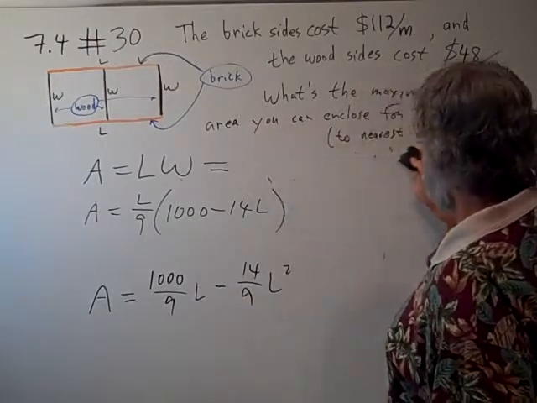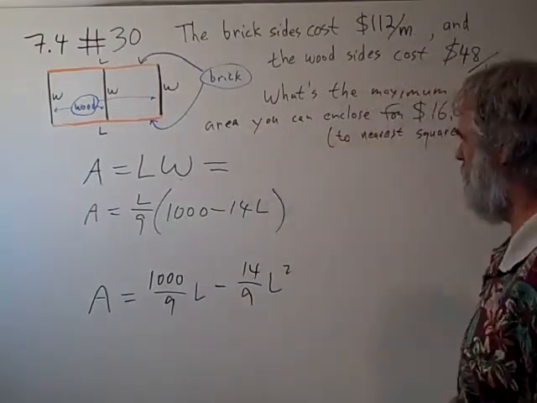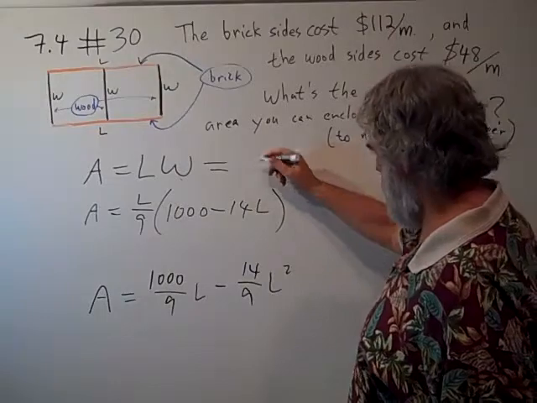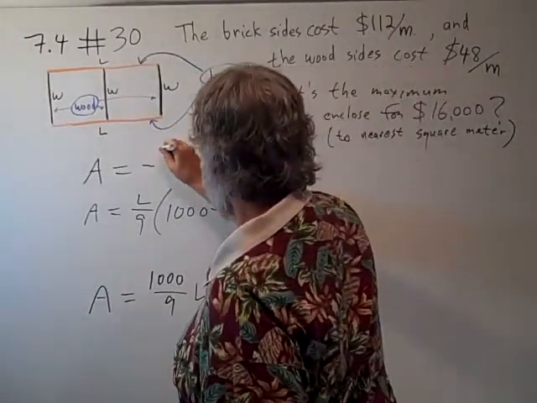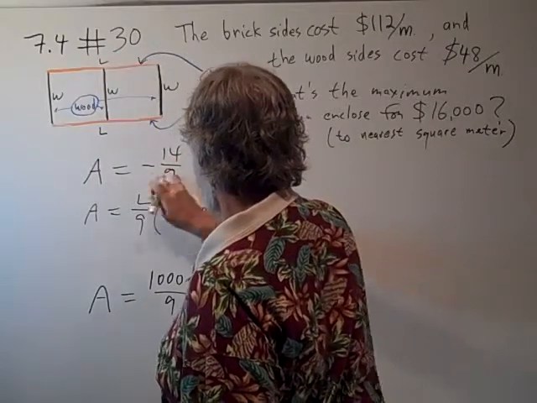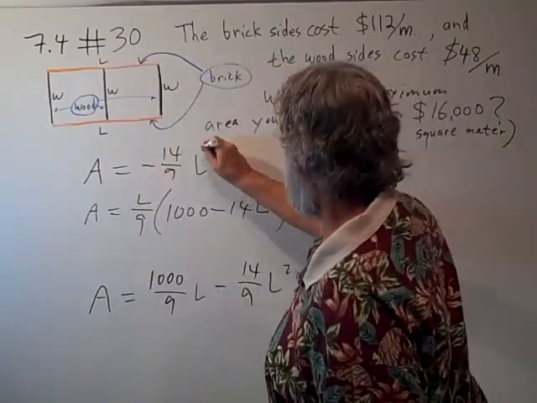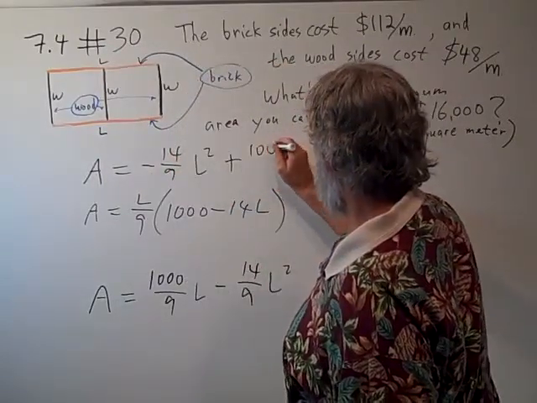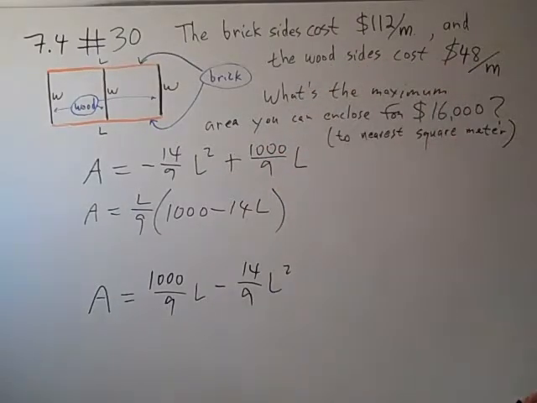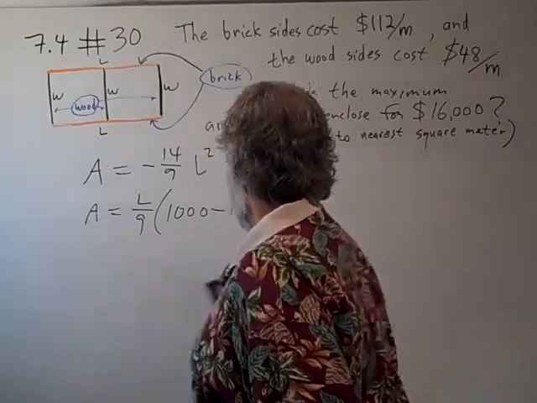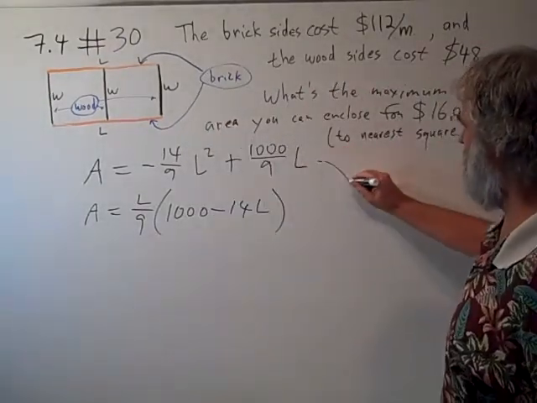So the area, let's put the area equation right up here. The area equation turned out to be negative 14/9 times L squared plus 1,000 divided by 9 times L. Okay, so now let's find the vertex.